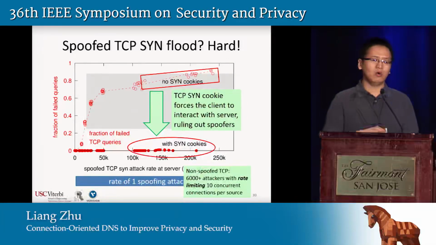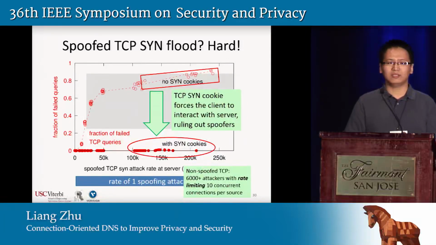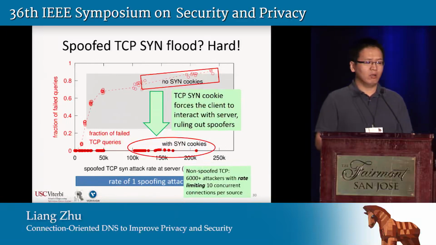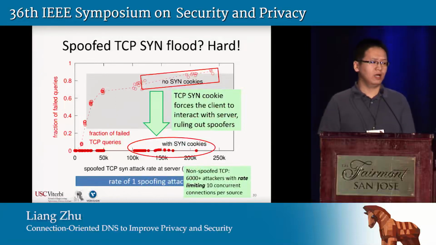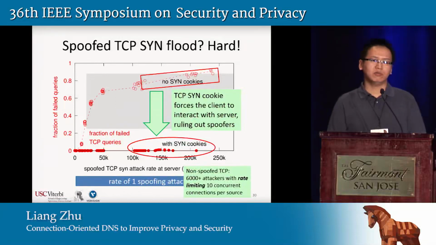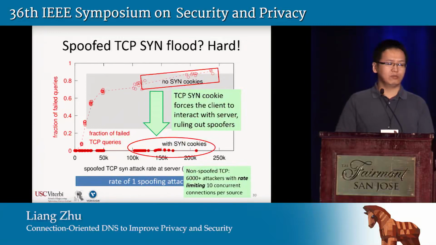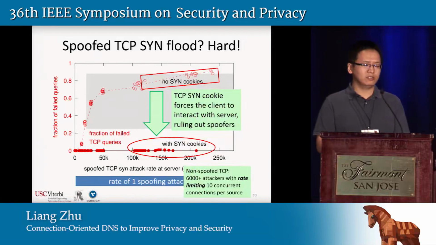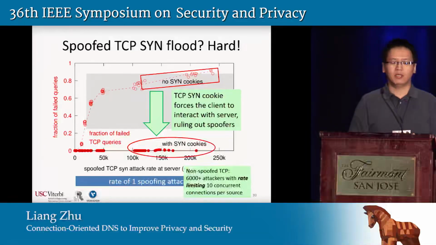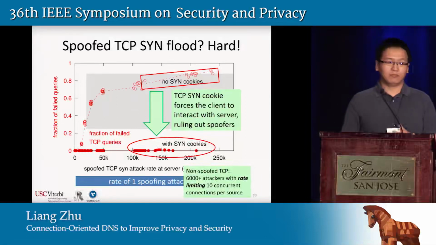Also, our analysis shows that for the non-spoofed TCP attack, a single server can actually tolerate thousands of attackers. So the conclusion is that TCP can deal better with attack than UDP.